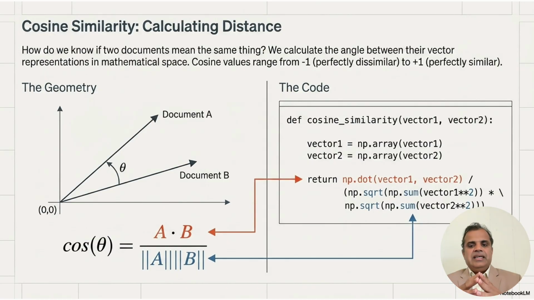We calculate the dot product of vectors a and b divided by the product of their magnitudes. This is a standard way to find overlapping meanings without being distracted by document length, as it measures the direction of the intent rather than just the raw count.